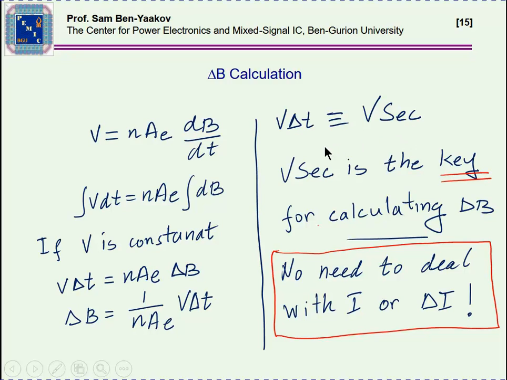And as it turns out, this is indeed the key factor for calculating delta B, because delta B is just a factor times this parameter.